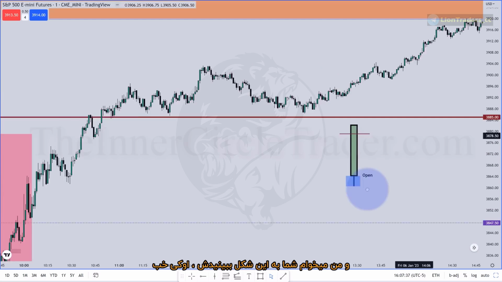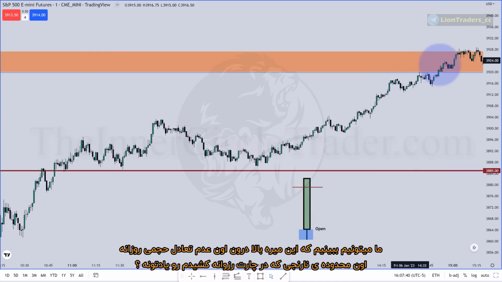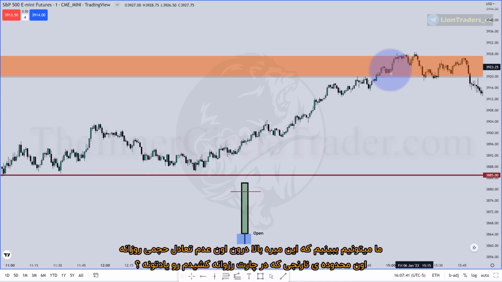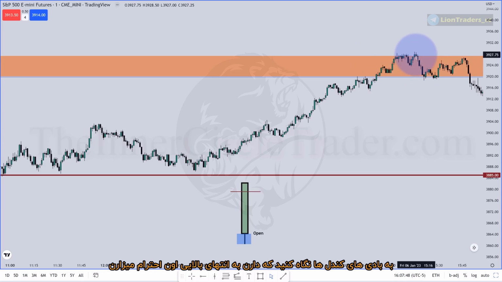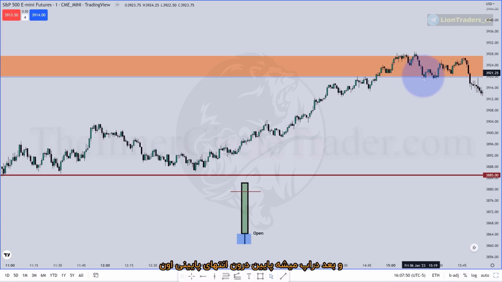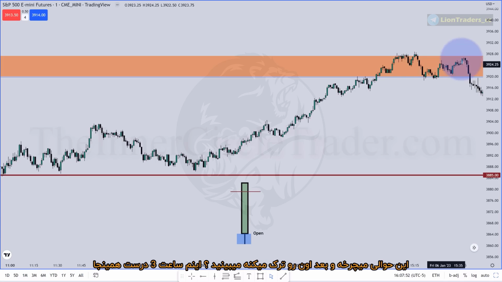Okay, so we can see that it goes up into that daily volume imbalance. Remember that orange rectangle I drew on the daily chart time frame? It goes right up into it. Look at the bodies of the candles respecting the top end of that. Then it drops back down into the low end of it, bounces around, hangs in there, and then leaves it. See that? And here is 3 o'clock, right there.